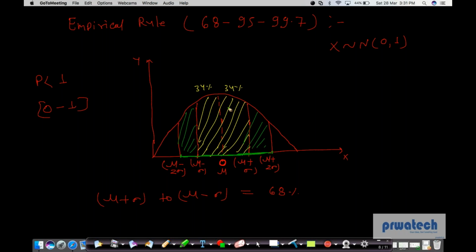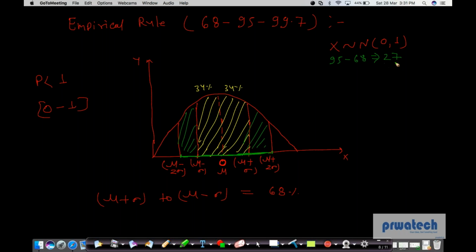Since you have already calculated the 68, how much is pending? 95 minus 68 is equal to 27. If you divide this 27, because you are saying symmetrical data, this side you have a similar percentage, and this side also a similar percentage.